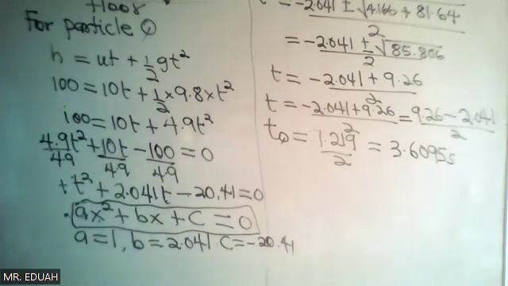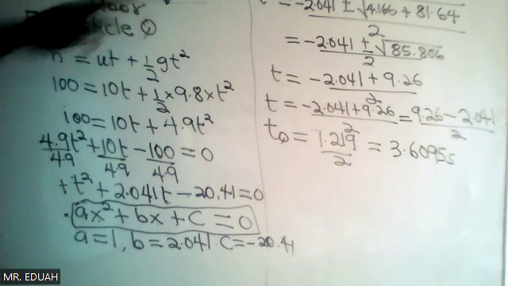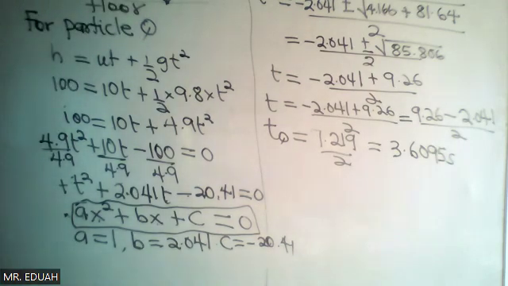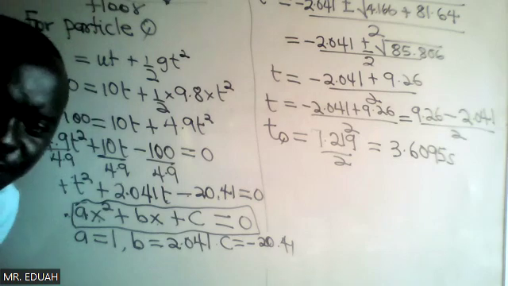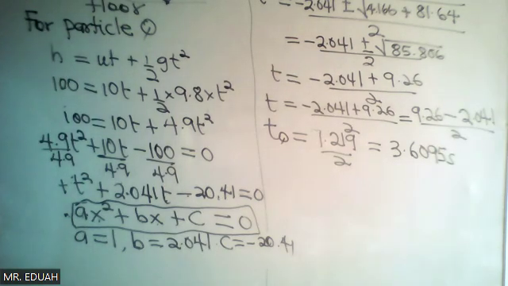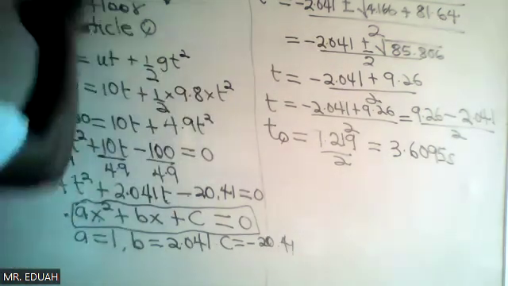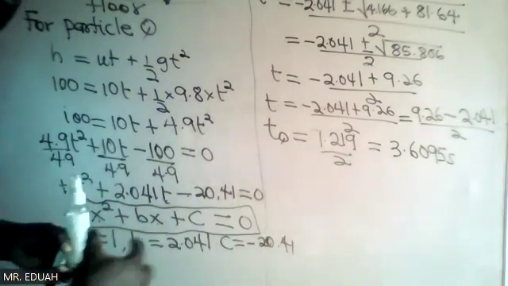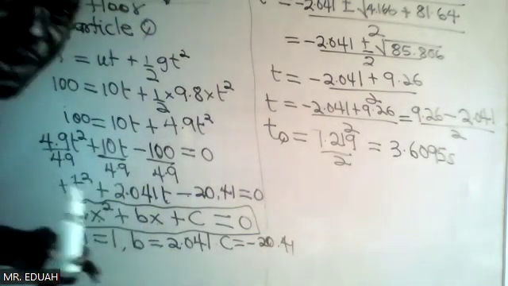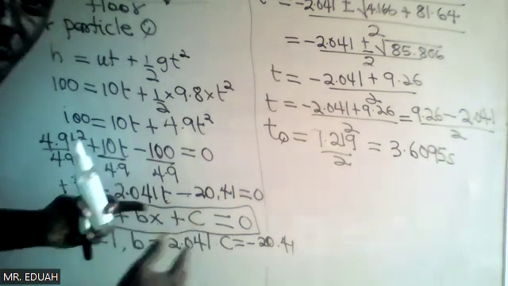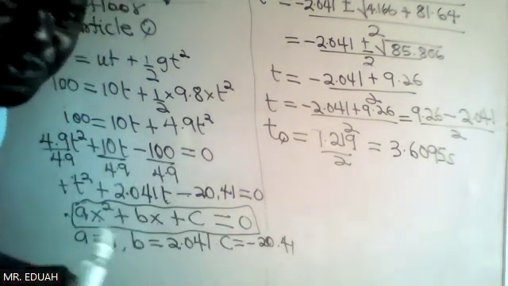Leonard, are you lost? Don't be lost. We just finished solving the time taken for Q to drop on the ground. We are here to look at the time taken for P to land on the ground. We are doing a gradual, systematic thing. Get the time for P, get the time for Q. Then we find the time interval, the difference between when Q landed and when P landed.